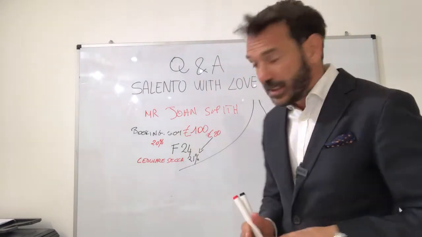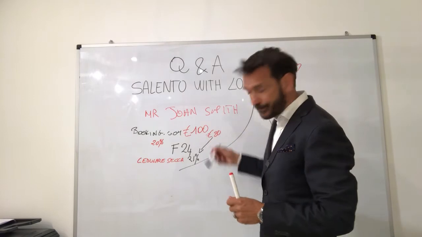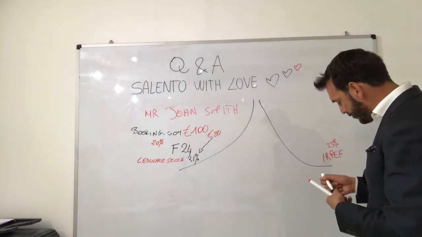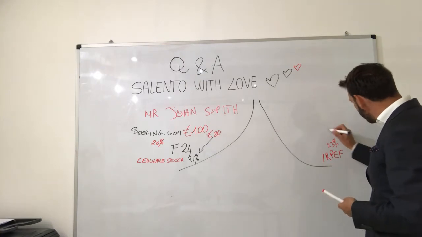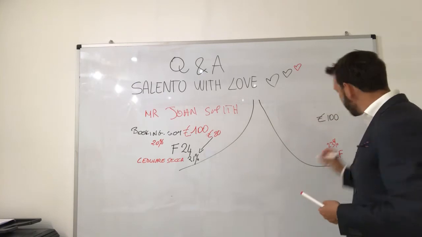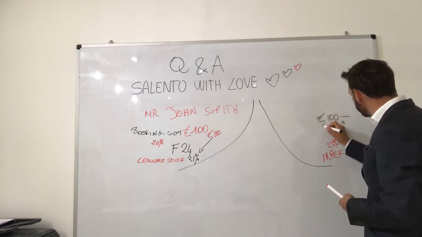So what does it mean? Well, if you're paying 21% on 80 euros over here, if you're making 100 euros, then you can deduct 20 euros for Booking.